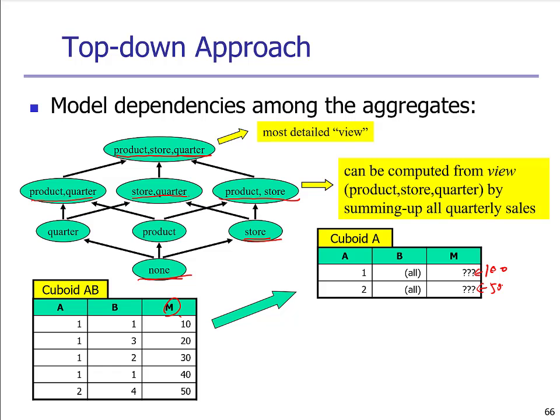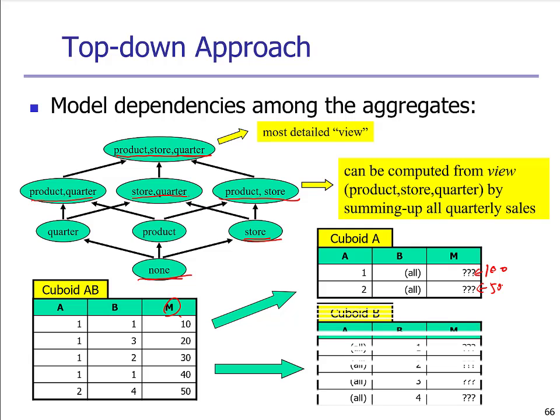And then we consider the distinct B values and do the aggregation on A. So for B equals 1, we have 2 transactions, so it's 50 here, and B equals 2 is 30 and 20, 50 again.